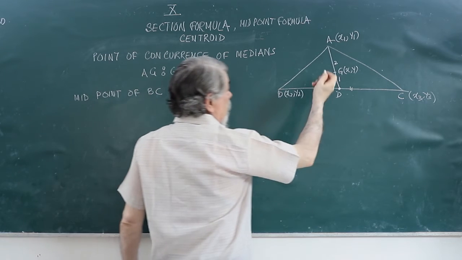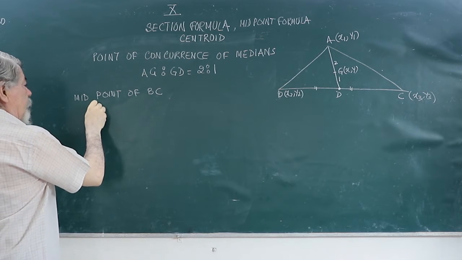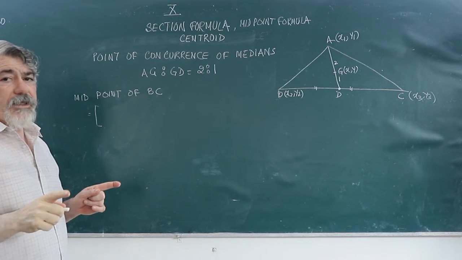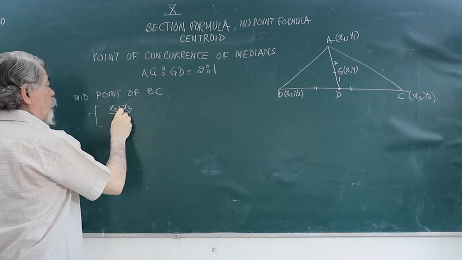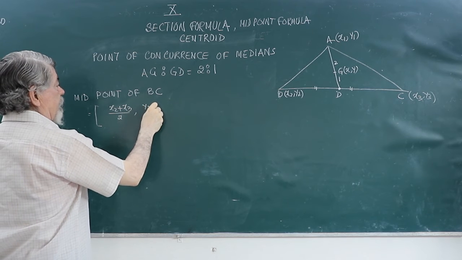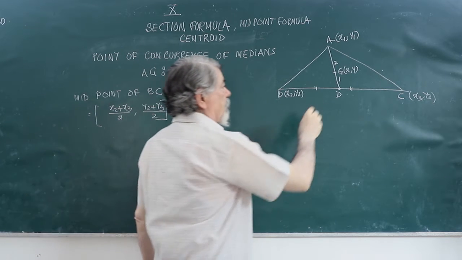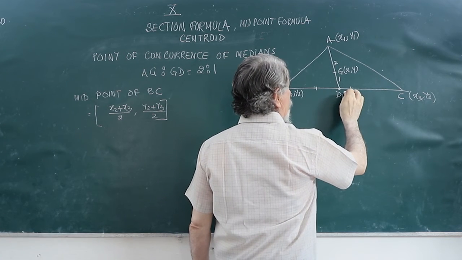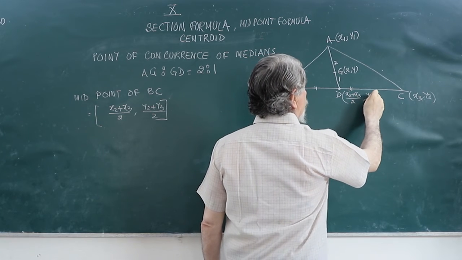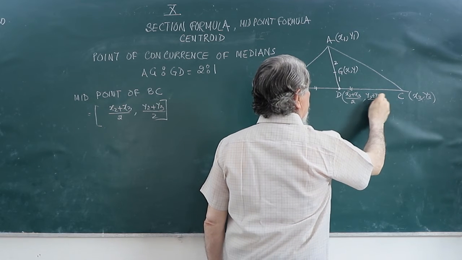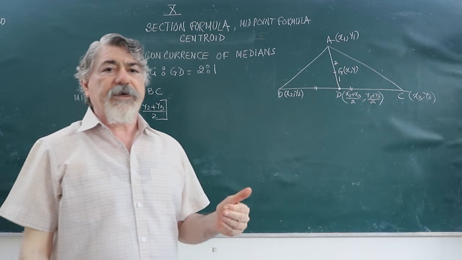You add up the x coordinates of the two ends, x2 plus x3, and divide by 2, and y2 plus y3 divide by 2. So the coordinates of D are x2 plus x3 upon 2 and y2 plus y3 upon 2.